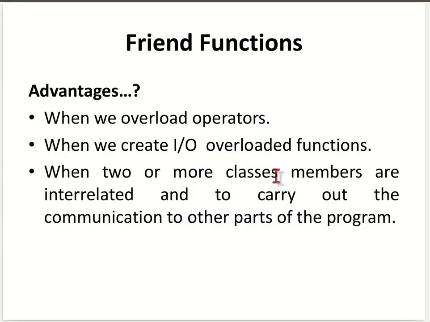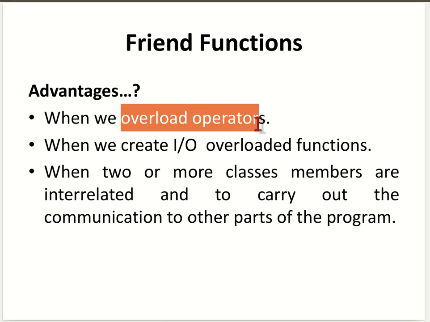What are the advantages of using friend functions? This can be asked as a 2-mark, 3-mark or 4-mark question. A friend function can be used whenever we are overloading operators. This is a very important topic that we will discuss later.